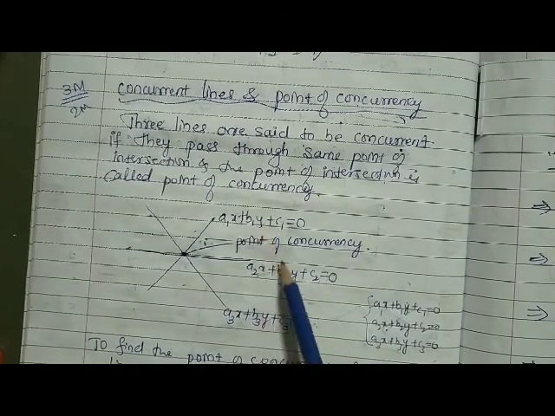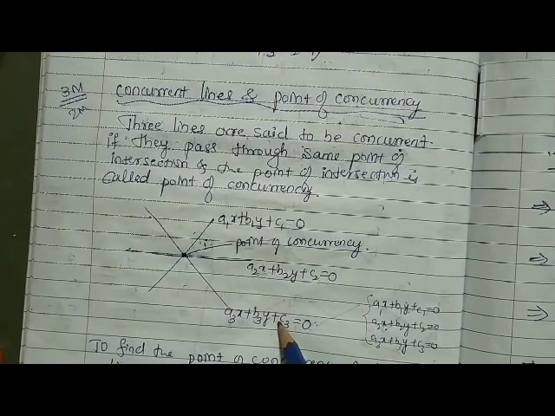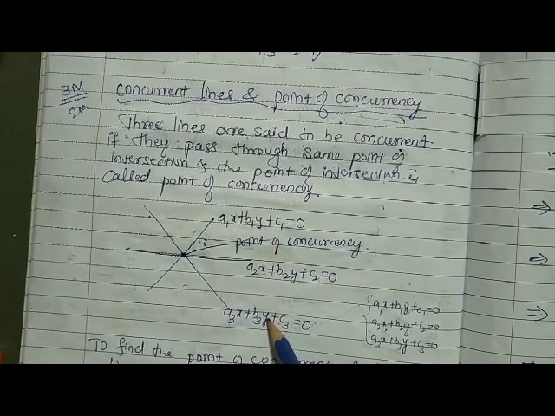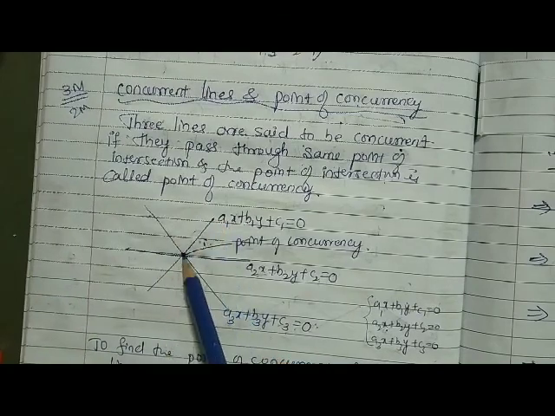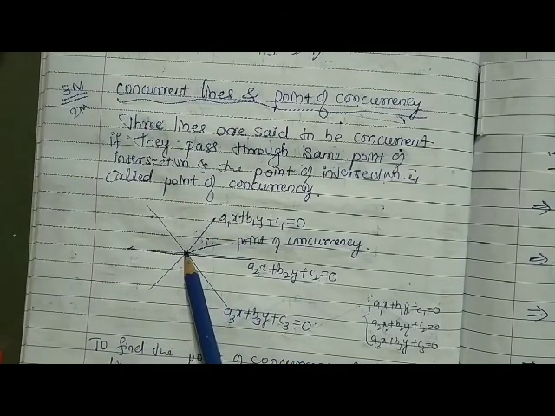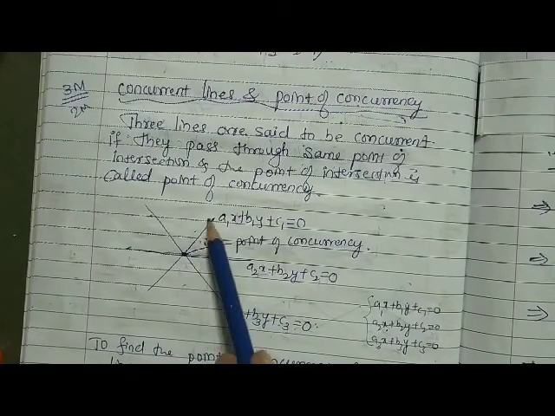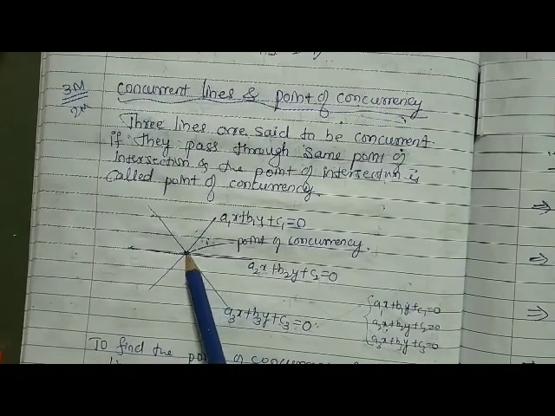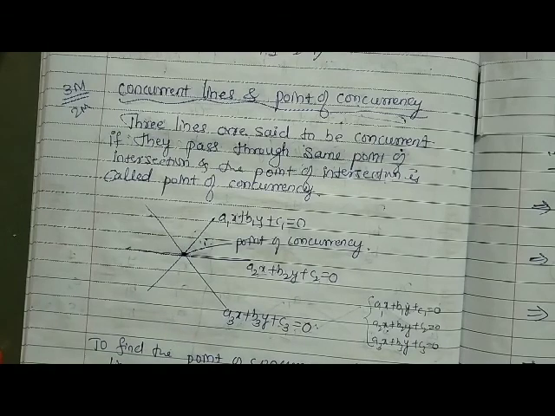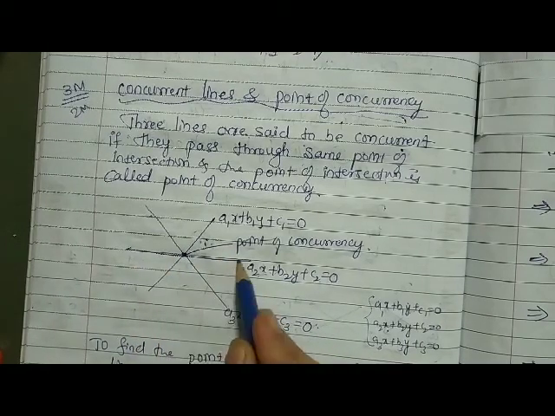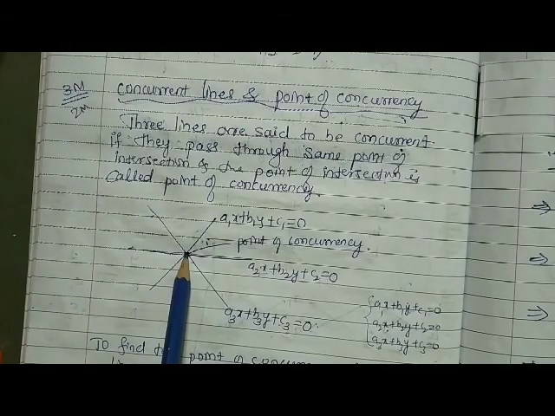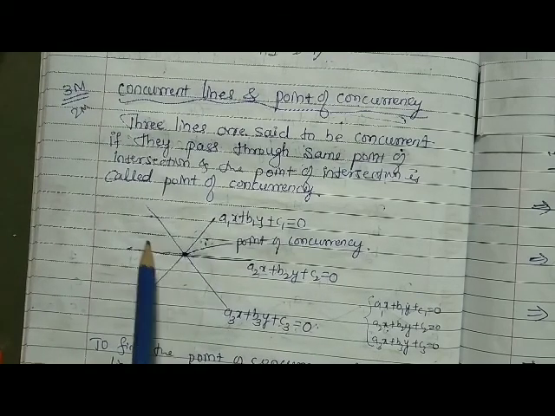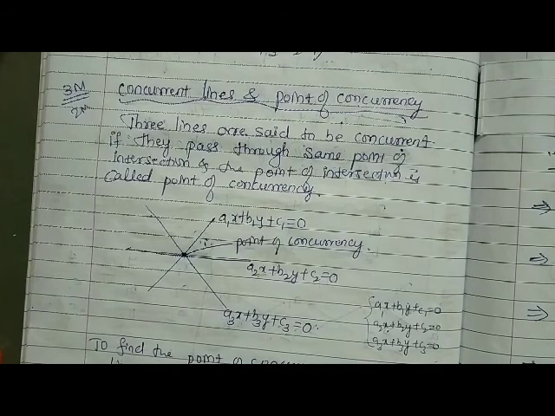These three lines are said to be concurrent if they pass through a common point, that is, they meet at a point.